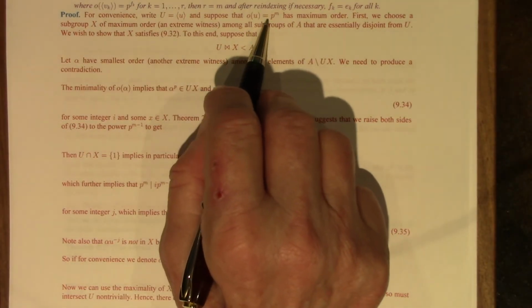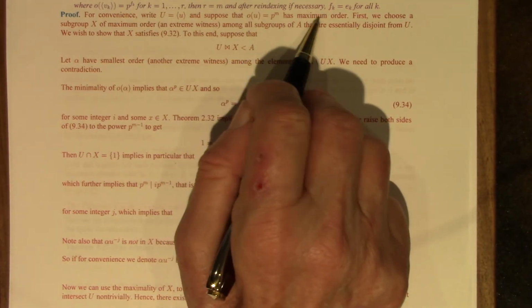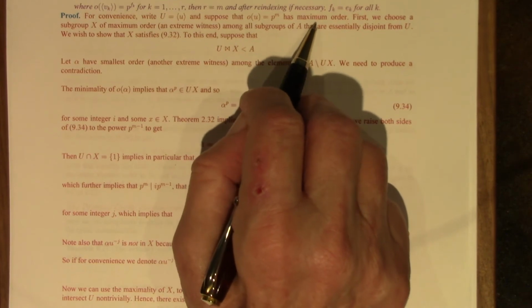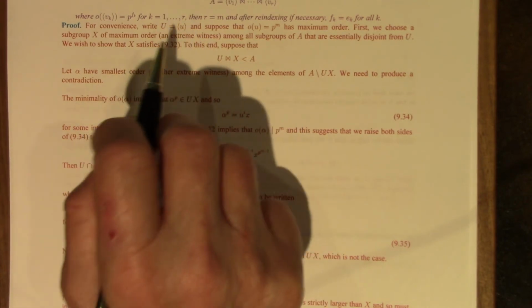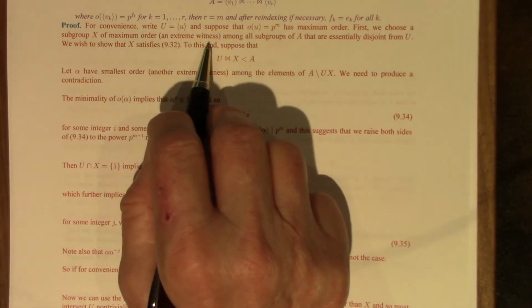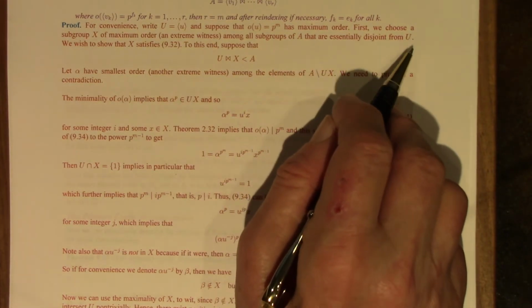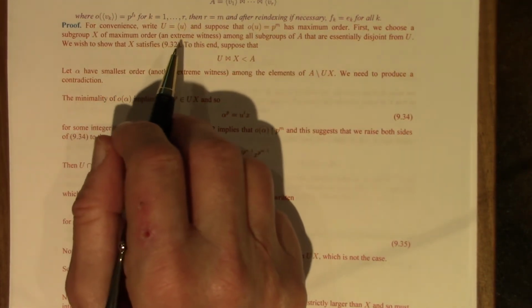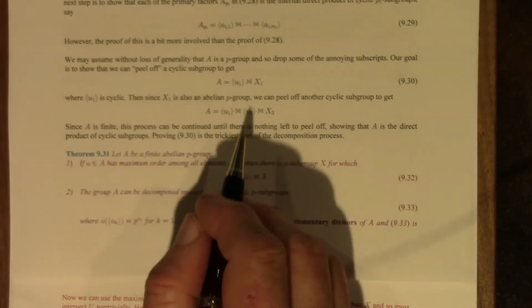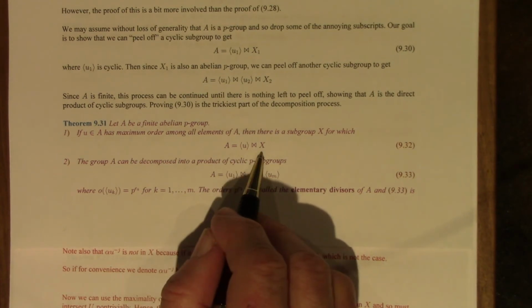Okay. So was the choice of U, an element of maximum order. I didn't even say that, but that was really the first application of the extreme witness principle. This is the second one, and there's going to be a third one. So we take X to be of maximum order among all subgroups of A that are essentially disjoint from U. And we want to show that X fits this equation here.